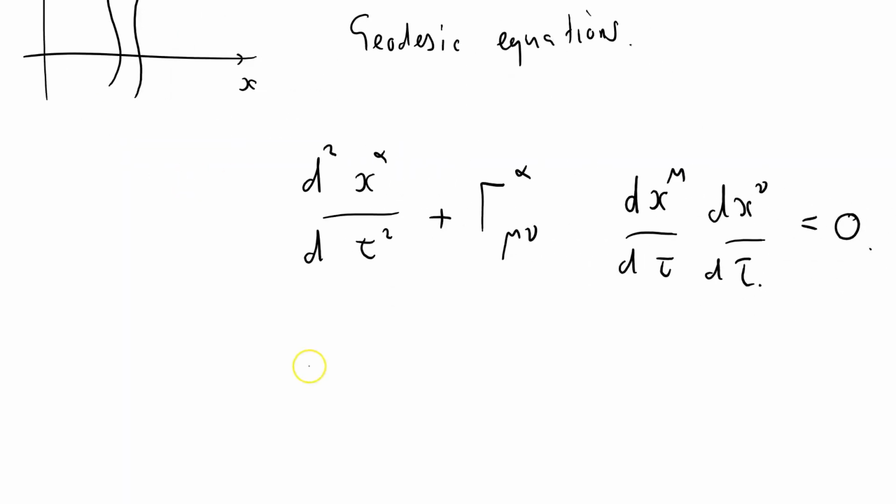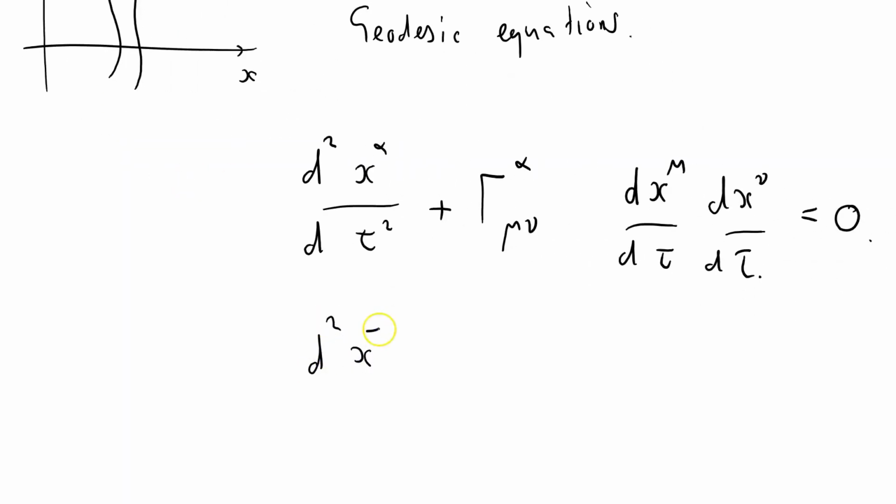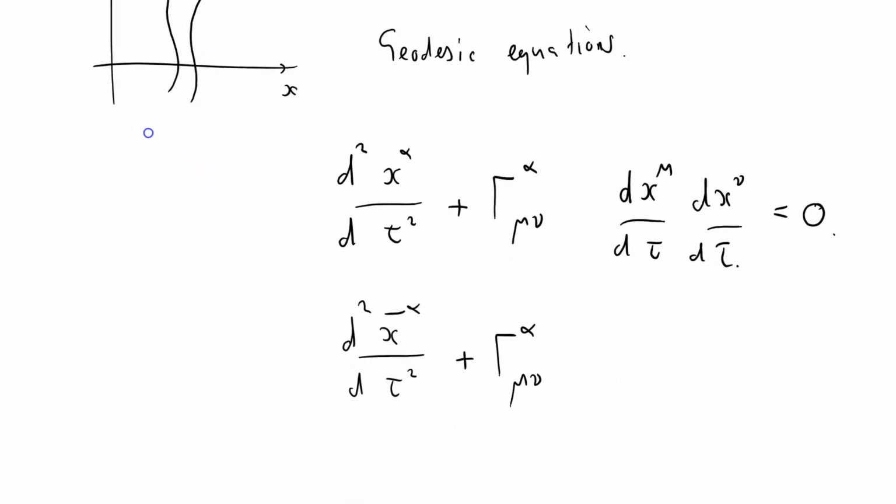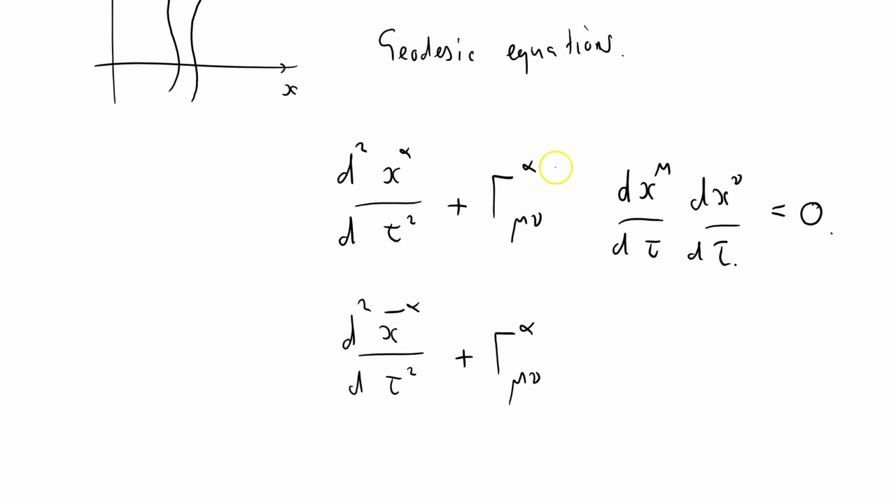Now what I'm going to do is write out the geodesic equation for the barred particle, d2 x bar alpha by d tau squared, plus the Christoffel symbol. All the indices are the same. However, because we're at a different position, we need to evaluate the Christoffel symbol at a different position. This one's evaluated at point x alpha, and this one is evaluated at x alpha plus n alpha.